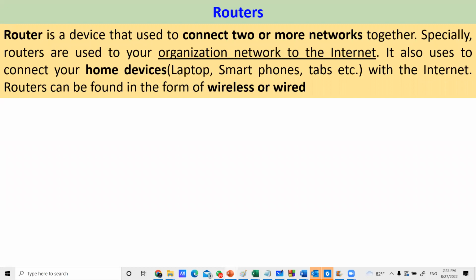Also, routers are used to connect your home devices. Earlier I mentioned one type of network, personal area network. If you want to set up a personal area network in your home, the best device is router. Right? There are many forms of routers. The most popular are wireless and wired routers.